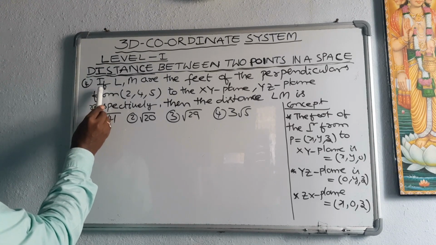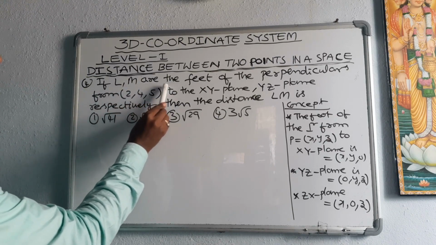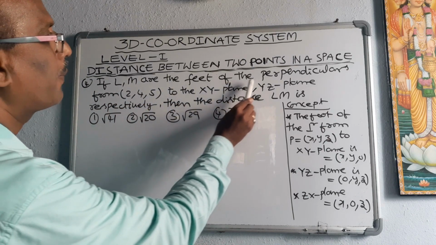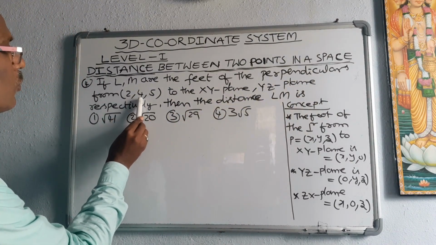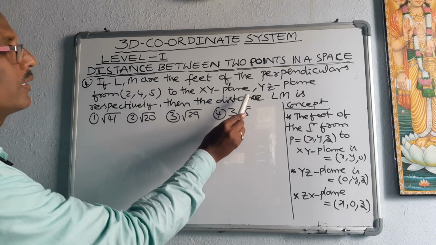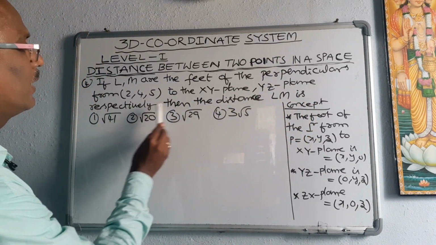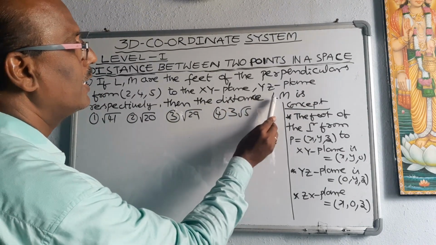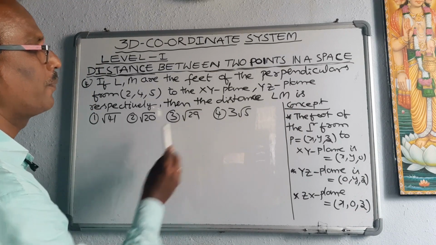Fourth question. If L, M are the feet of the perpendiculars from (2, 4, 5) to the xy plane and yz plane respectively, then the distance LM is. Here the four options are given.